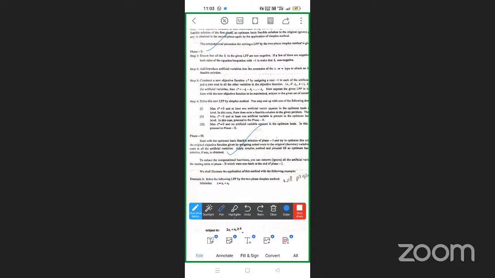In two-phase simplex method, here also same artificial variables.